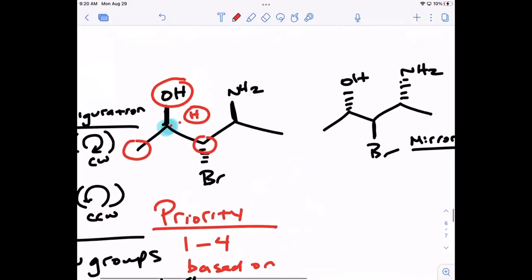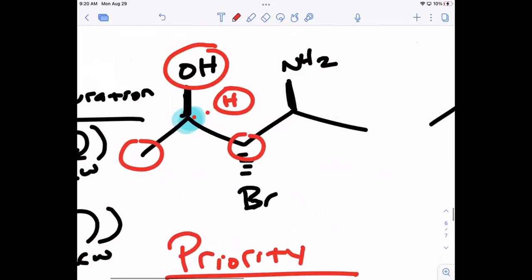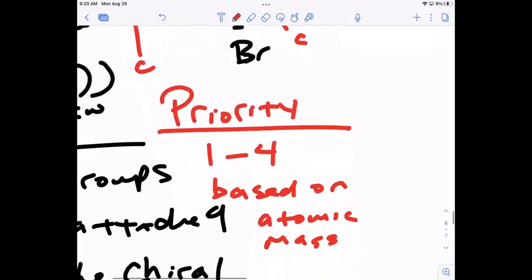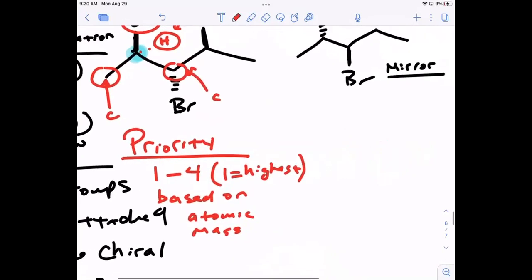So if we look at these 4 groups, that's a carbon, that's carbon, hydrogen, and then oxygen. We're only concerned with the group that's directly attached to the chiral center. I did not define priority: 1 is the highest, and 4 is the lowest.